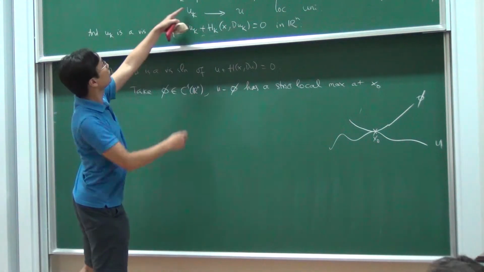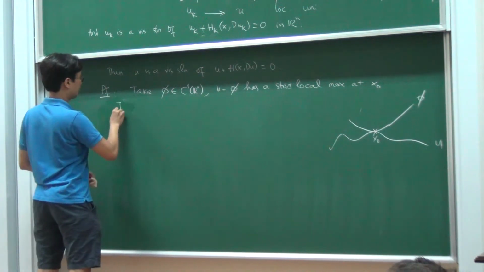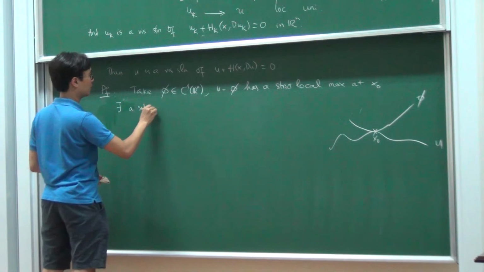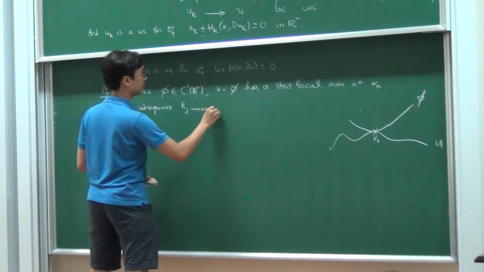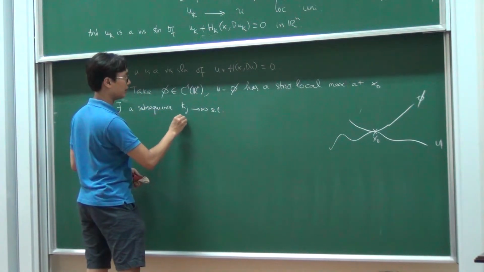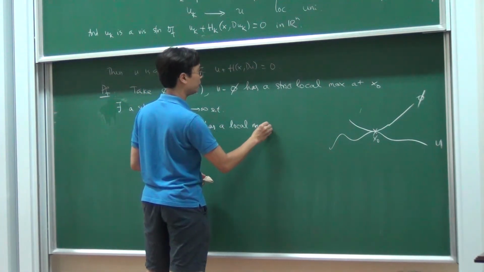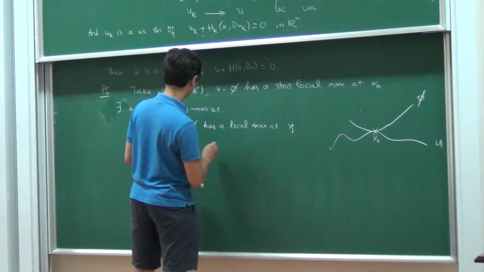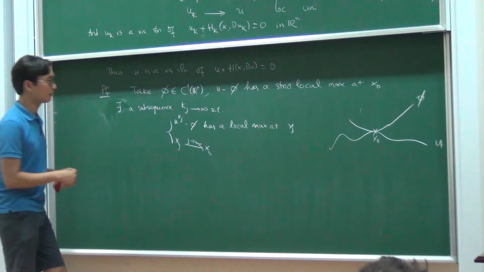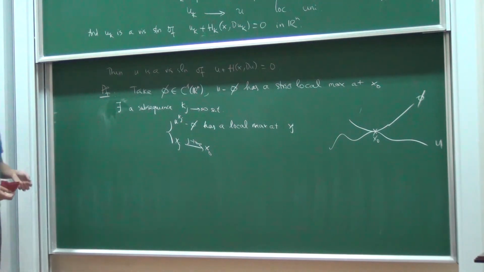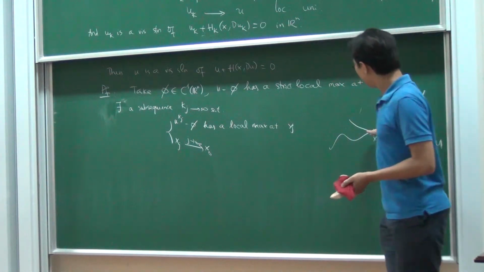Then because u_k converges to u, there is a subsequence k_j going to infinity such that u_{k_j} minus phi has a local max at a nearby point x_j, and x_j converges to x0 as j goes to infinity.